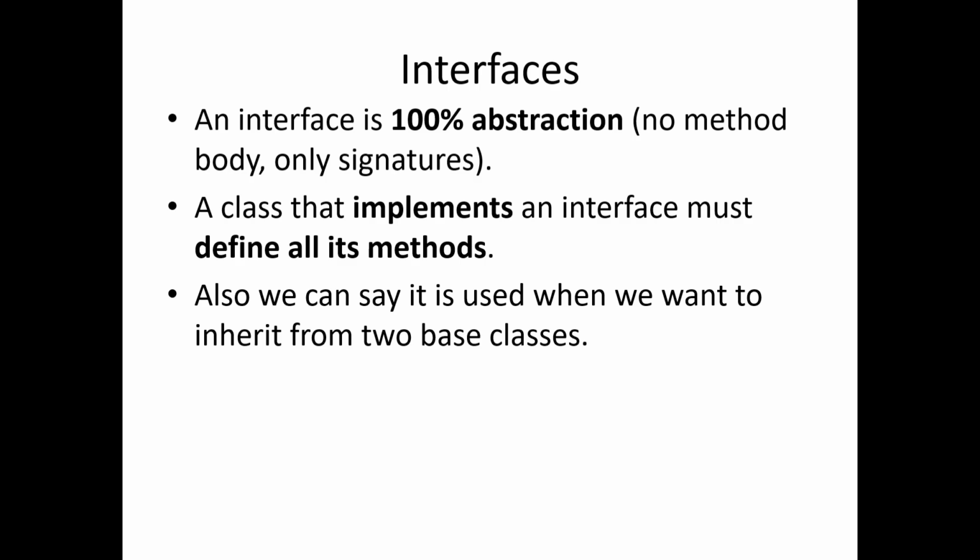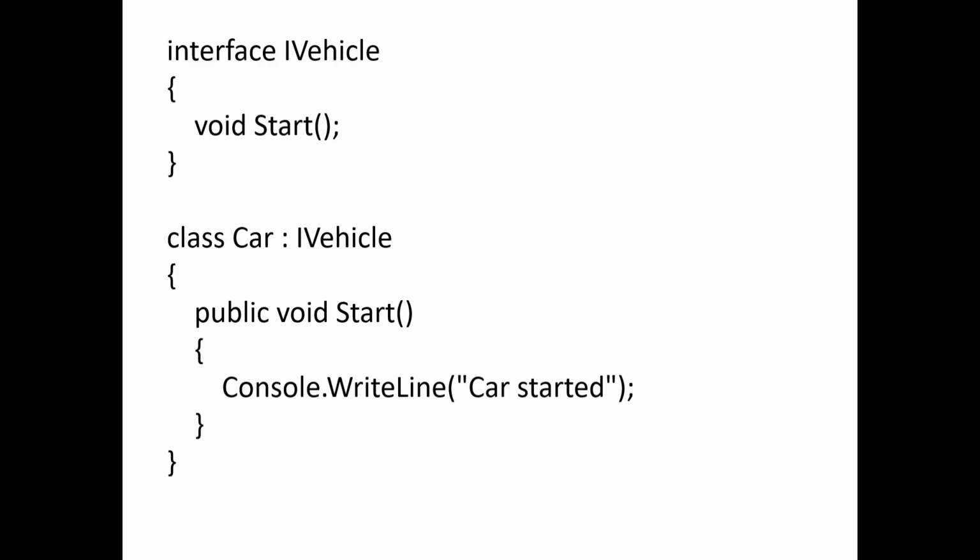For example, we have made an interface IVehicle, and we have declared only the method without its body, void Start. In the derived class Car, we have defined the Start method.